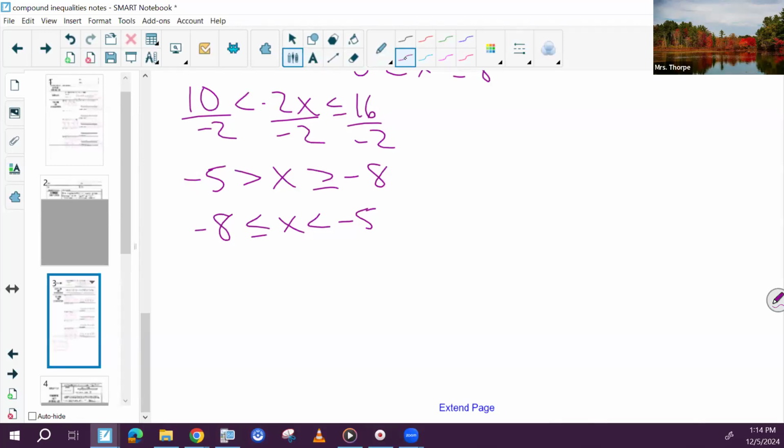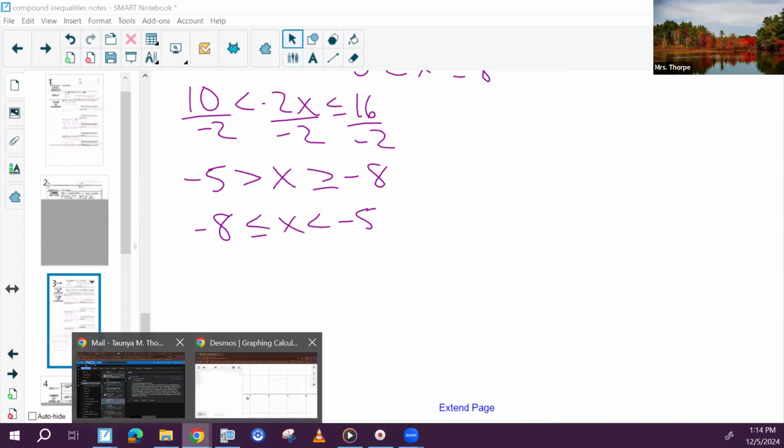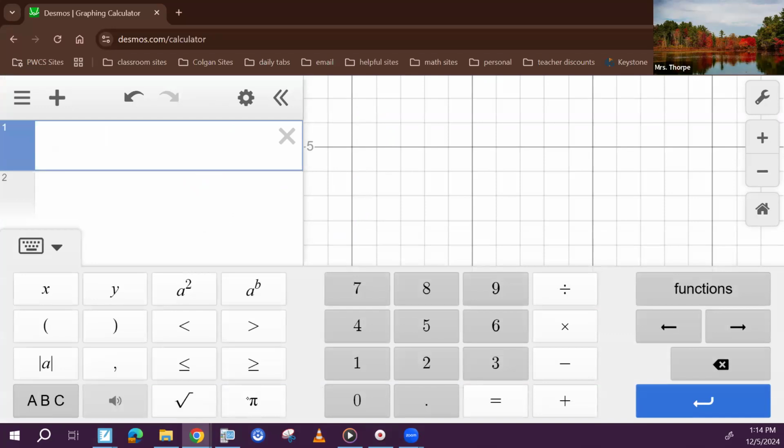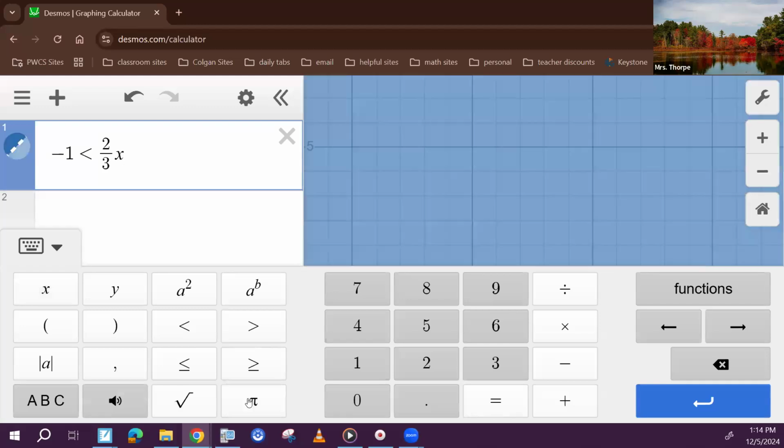I do want to show you how to check yourself, so this is to check yourself, not to put questions in and get answers from. But in Desmos, you check yourself. If I'm looking at number 9, this is for the and, you have to separate it, so take the first part, -1 is less than 2/3 x plus 1.